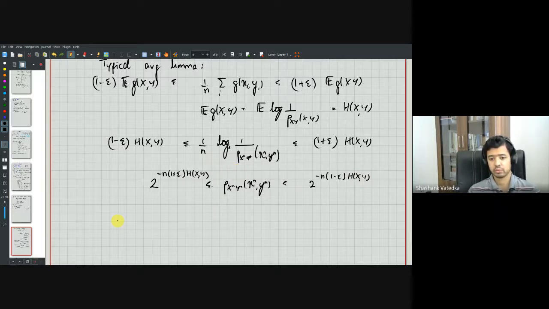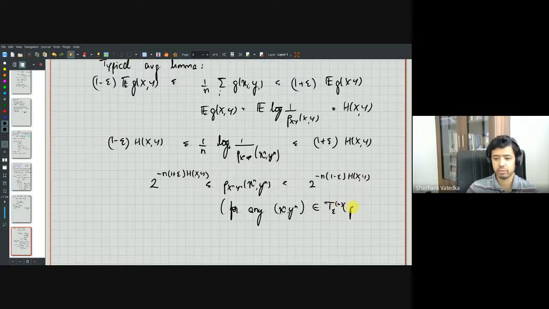All right. So this is true for any x n y n which is typical. If the sequence is not typical, then you cannot make this statement.